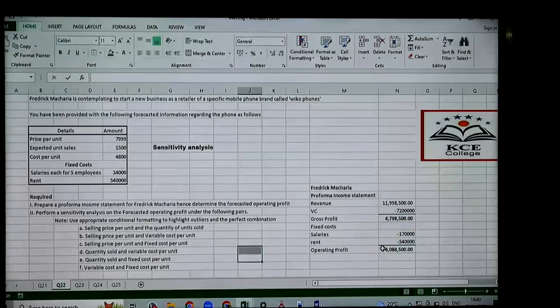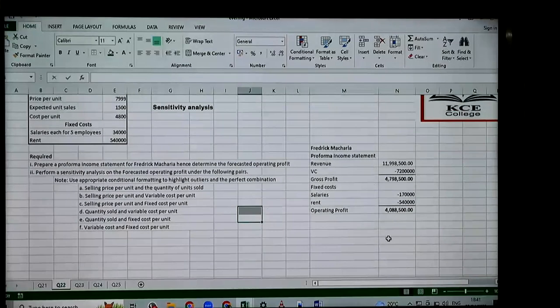So that one is a simple pro forma income statement. You can see that part 2 of the question says, perform a sensitivity analysis on the forecasted operating profit under the following pairs. Note, use appropriate conditional formatting to highlight outliers and the perfect combination. The first one is the selling price per unit and the quantity sold.